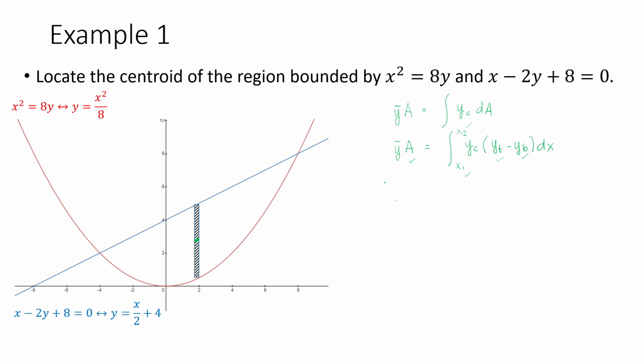Solving for y sub c is a bit different from x sub c. Earlier, directly to x sub c, we were not touching any graph. But for y sub c, notice that we touched the red graph before going towards the centroid of the differential area. So how are we going to do this?